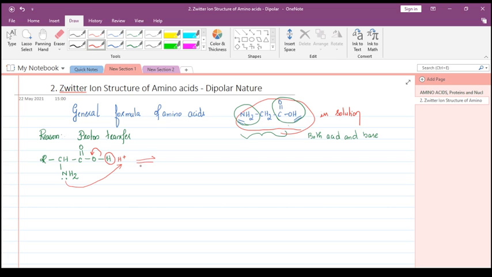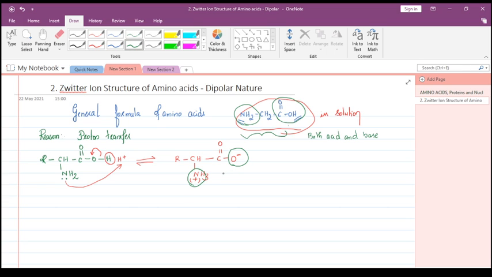As a result, you have a zwitterion, that is R CH, with NH3 plus, and C double bond O minus. You can see here this amino acid is carrying a negative charge on one side and a positive charge on the other side.